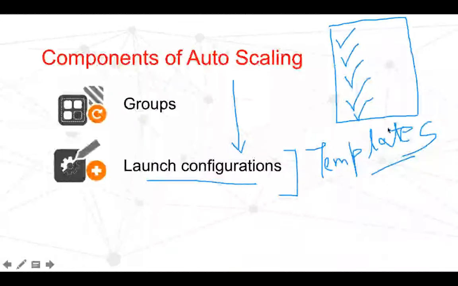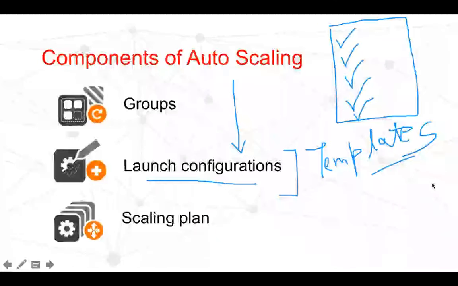In the template, you define what should be the exact configuration of the instances that would be launched through the auto-scaling in the future going forward. Using the template, the auto-scaling gets to know the exact configuration of instances, and based upon that, it launches the duplicate instances on your behalf automatically. Right?